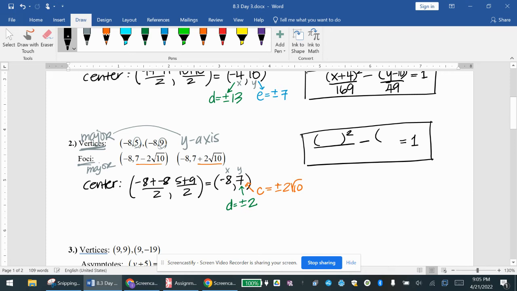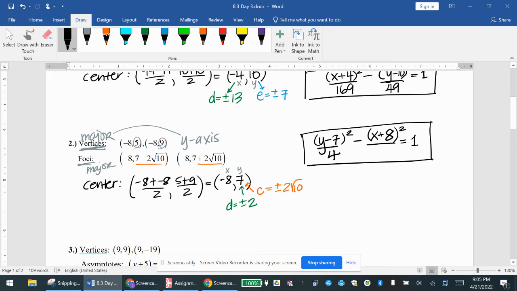That's the one that does not have the subtraction. We've been doing ellipses so long that I'm still setting things up as if they're an ellipse. So you're going to have y first, then x, because the y-axis is the major axis. So that's where the plus or minus 2 quantity squared is going to go. I'm going to fill in the center.